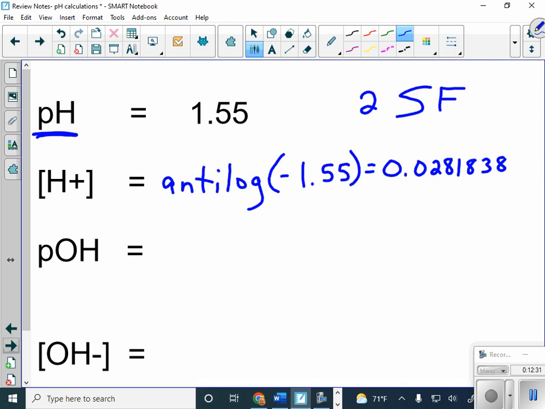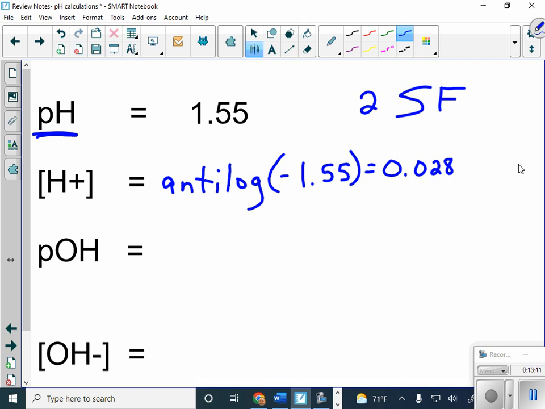All right, so there's my value, 0.0281838. Now, I need to get that into significant figures. We said that I have 2 sig figs. So, 0.028, that is 2 significant figures. Any questions?